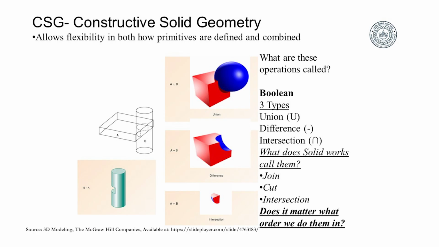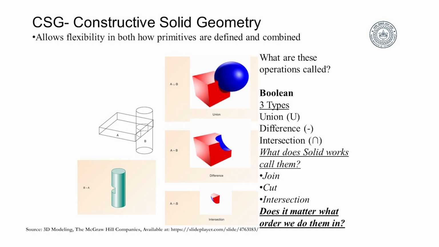So, let us say you have a rectangular parallelepiped and this cylinder. If you join them using a union operation, you create a product like this.